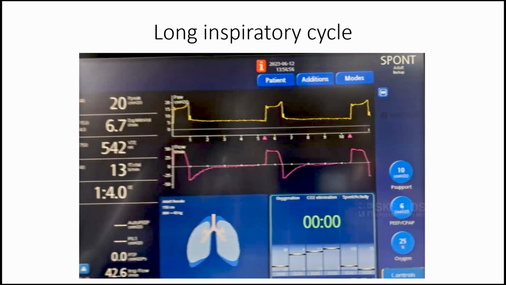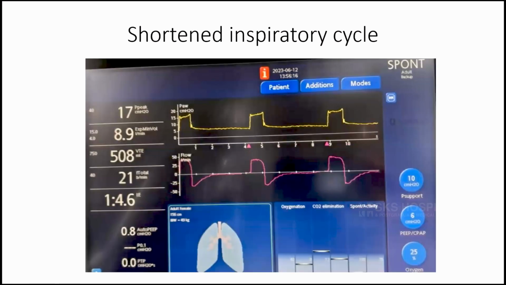So how do we reduce the machine inspiratory time? We can go into the expiratory trigger sensitivity and reduce it, or you can even reduce the pressure support and see. In this situation, we adjusted the expiratory trigger sensitivity from 10% to 30%, and then that sorted out the problem.